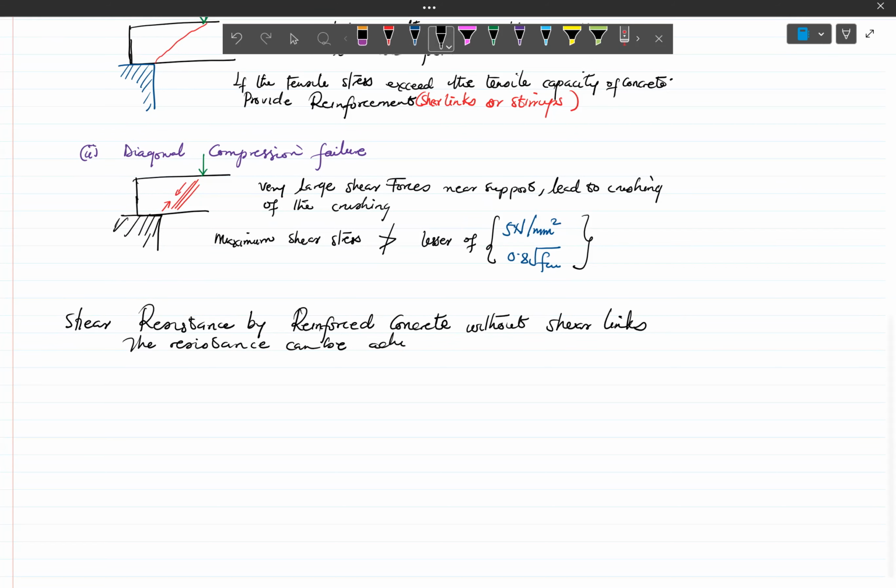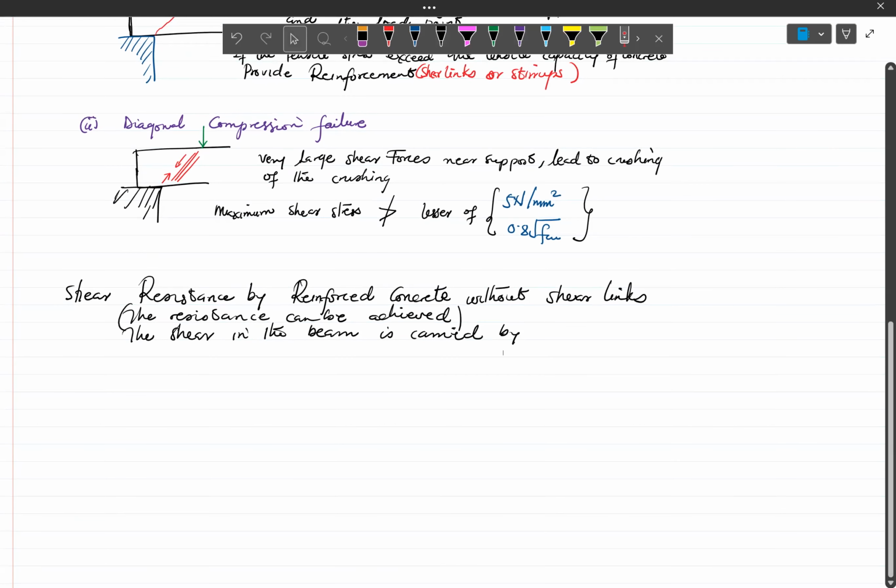Or another way to put it is that the shear in the beam is carried by these three items.